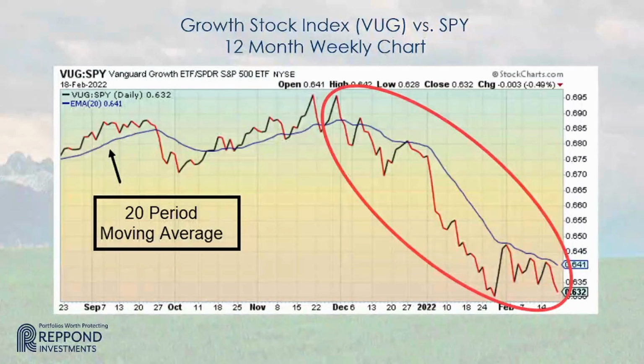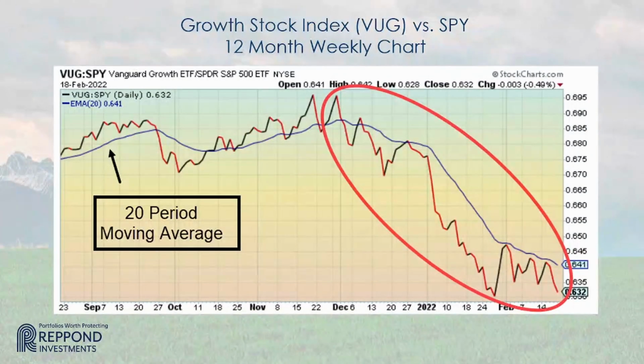I do a comparison. This is a relative strength chart where I show, in this case, the growth index. This is a Vanguard Exchange Traded Fund, ETF. VUG is the name of the ETF. The line is numerator VUG, denominator SPY, the S&P 500.